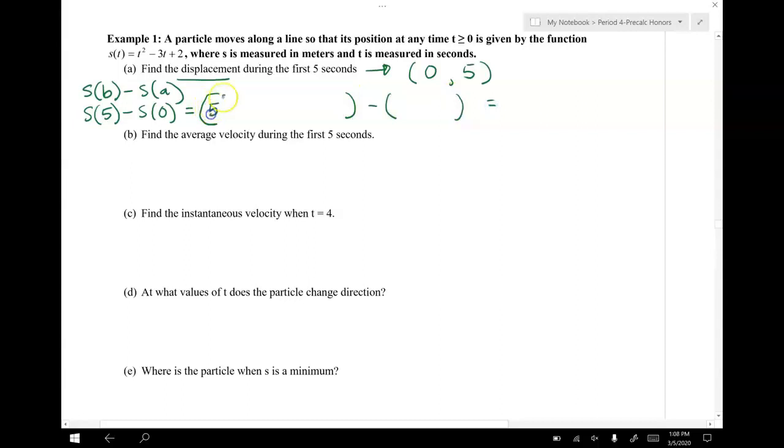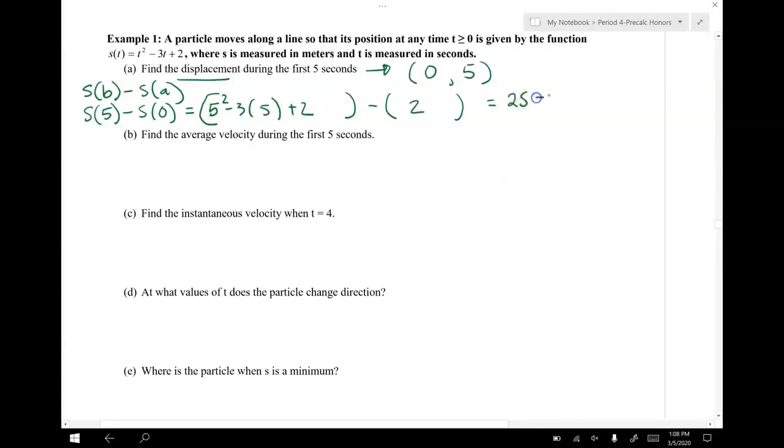Displacement is s of b minus s of a. The first 5 seconds means we end at 5 and start at 0. So s of 5 minus s of 0 equals, I plug it in, 5 squared minus 3 times 5 plus 2, minus the value at 0, where everything cancels except 2.